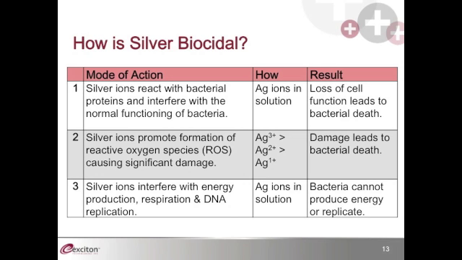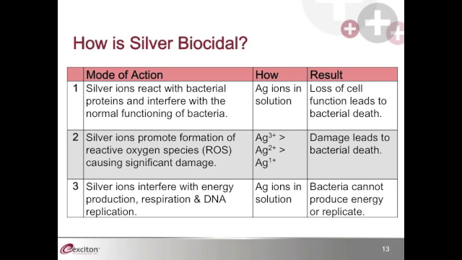These antimicrobial mechanisms may be categorized into three general modes. The first involves the reaction of ionic silver with bacterial proteins, enzymes, and amino acids residing outside and inside the cell wall, impairing normal cell function. The second mode includes the ability of silver to promote formation of reactive silver species within the bacterial cell walls, effecting considerable damage leading to cell death.